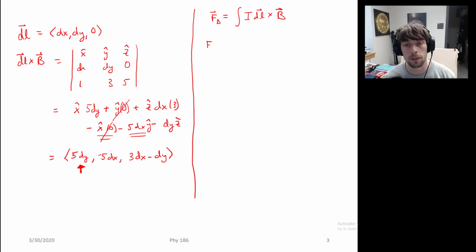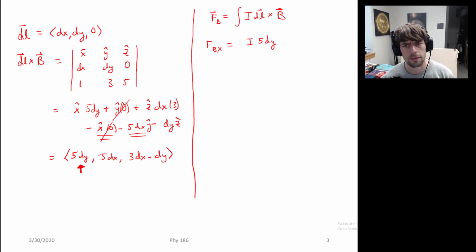We say, okay, I want to do the x integral. So I have the x component. This would be I, and the x component is 5 dy.